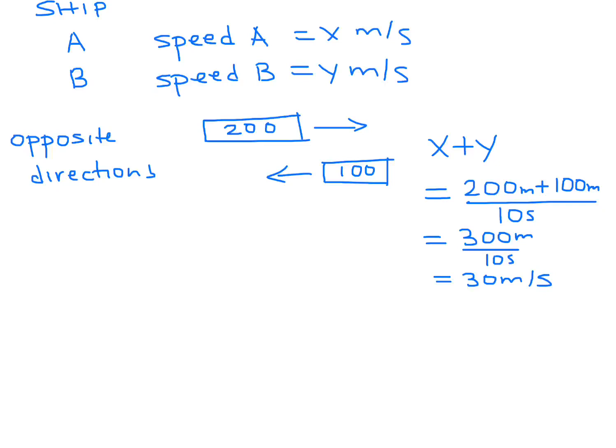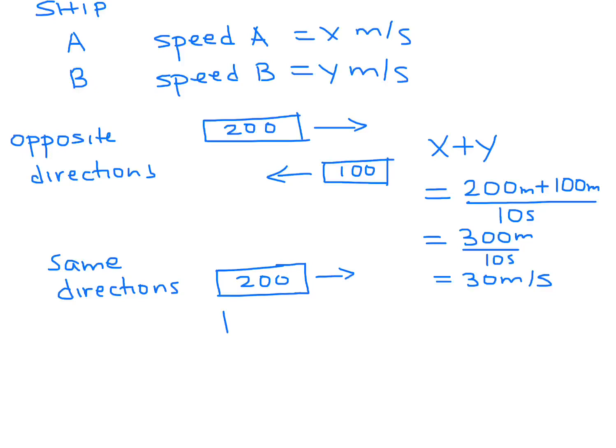Now, if they're going in the same direction, you would do pretty much the same type of mathematics, and the scenario, of course, would be where one ship is going that way and another ship, which is 100 meters, is going in the same direction.